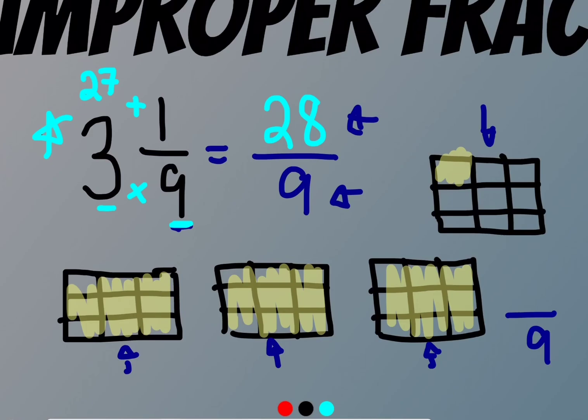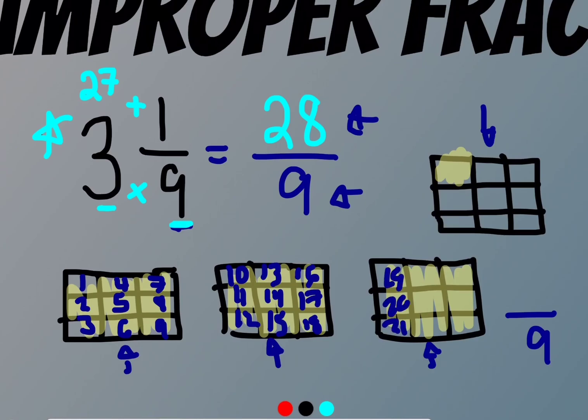And to actually find out my answer, I just count up my slices. 1, 2, 3, 4, 5, 6, 7, 8, 9, 10, 11, 12, 13, 14, 15, 16, 17, 18, 19, 20, 21, 22, 23, 24, 25, 26, 27, 28. Guess what? I have the same answer whether I did it numerically or with a visual, so you can choose whichever way you want. Also, it's proof that my numerical way works.